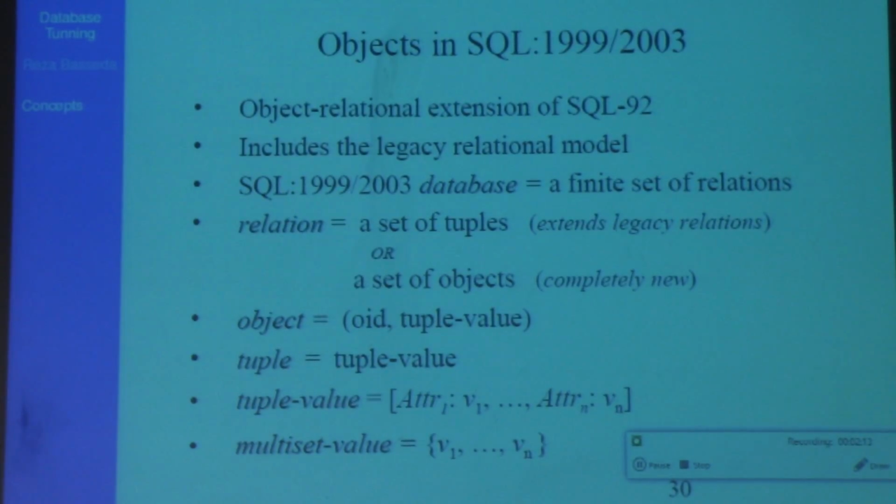Now you know that SQL has been extended to support object orientation, so we are talking about object-oriented SQL. In some DBMS systems you have this option. For example, I guess IBM DB2 provides objects in SQL.